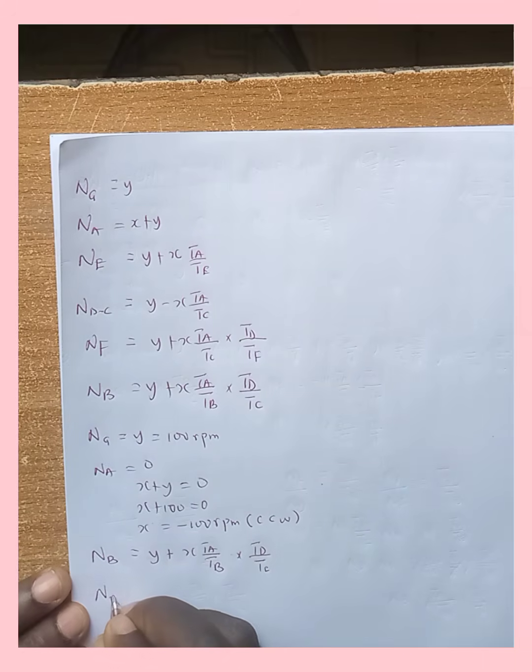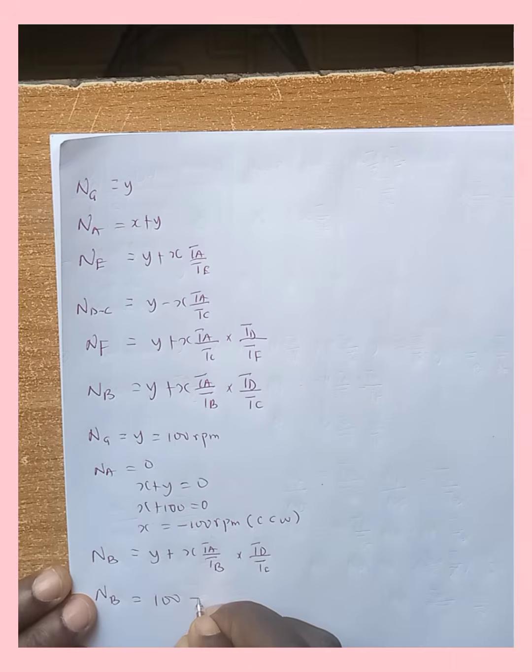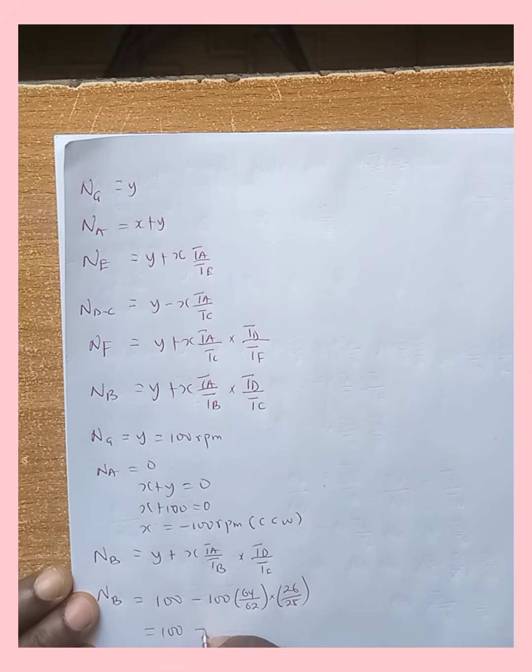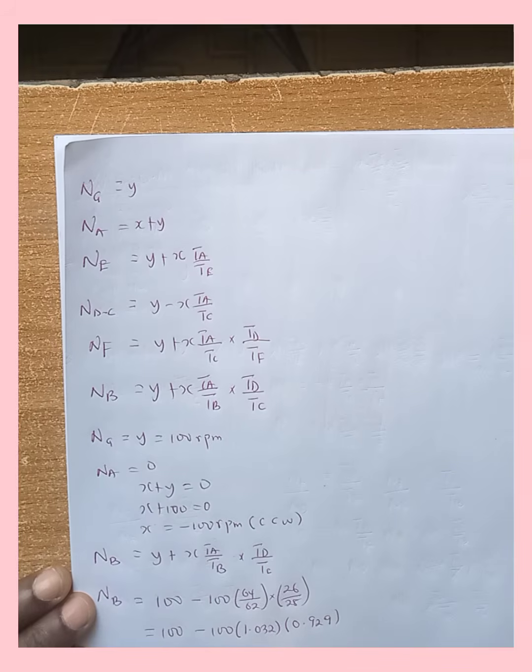When we substitute the value, NB will be equal to 100 minus 100. TA is 64, TB is 62, multiply TD is 26, and TC is 28. Then we'll have this one as 100 minus 100 into 1.032 multiply 0.929, and therefore NB will be equal to 4.17 RPM, and the direction is clockwise.